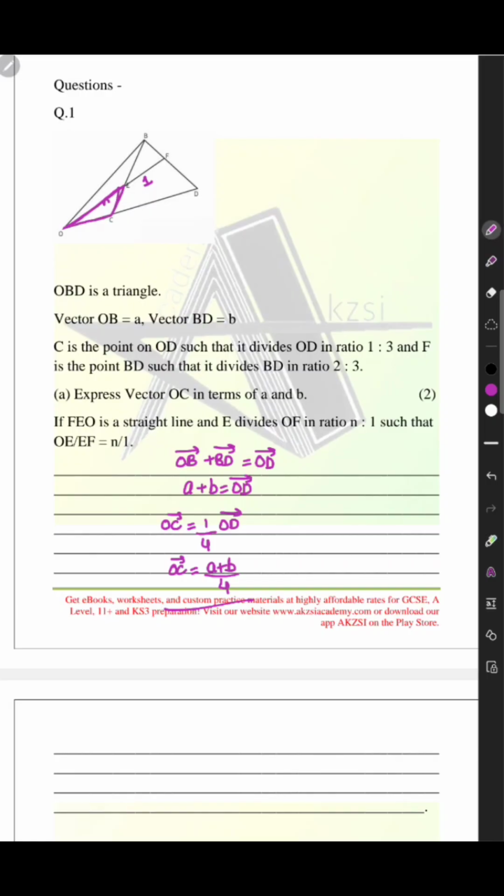If I pick any triangle that has one side which has this nth part, then it would become much easier. So it says OE over EF is n to 1. So I can simply say that OE is n by n plus 1 times OF.